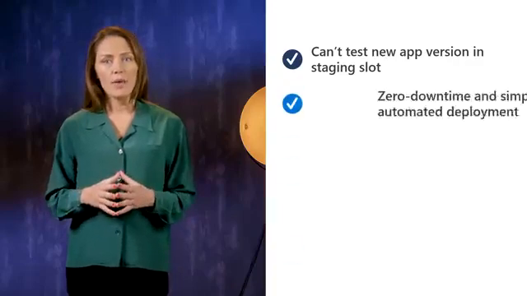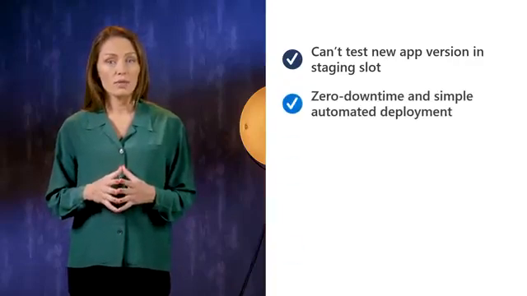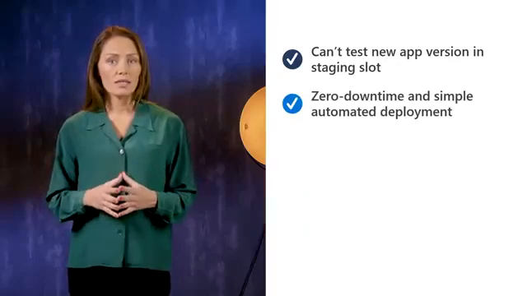Auto Swap mainly benefits users who want zero downtime deployments and simple automated deployment pipelines. If you want to be able to test before you swap, you'll need a more complex deployment pipeline that requests the slot swap itself. Alternatively, you can deploy to a separate slot that's dedicated for testing. Please note that Auto Swap is not available in App Service on Linux.